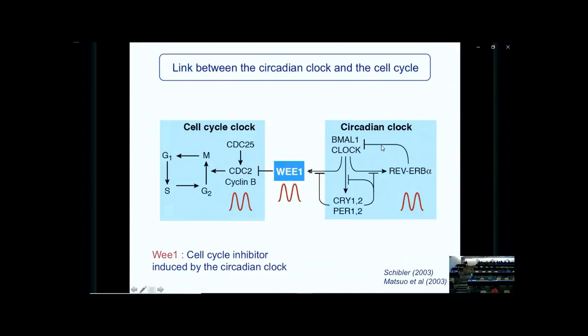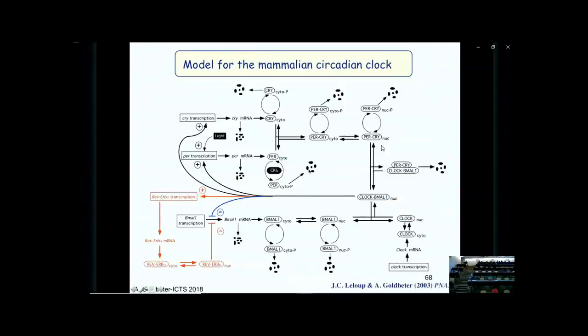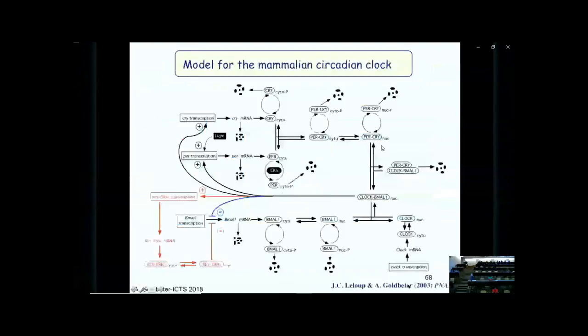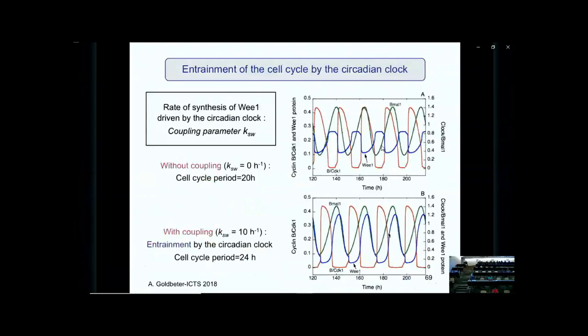By the way, this work was carried out by the group of Okamura, now in Kyoto. If we take the model for the circadian clock, which I discussed yesterday, and couple it to the model for the cell cycle, which I discussed today, we can incorporate the fact that the rate of synthesis of WEE1 is driven by the circadian clock.